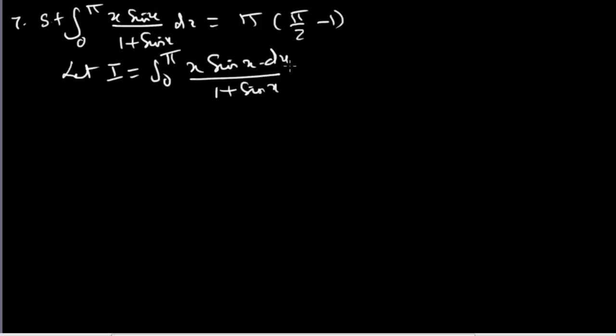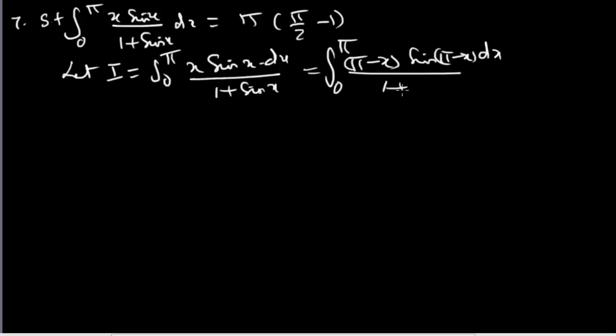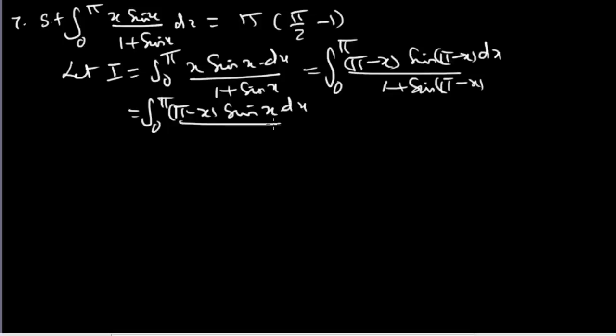Now, wherever x is there, pi minus x you have to write. Integral 0 to pi, pi minus x into sin of pi minus x into dx by 1 plus sin of pi minus x, and that is nothing but integral 0 to pi, pi minus x as it is into sin x only into dx by 1 plus sin x.